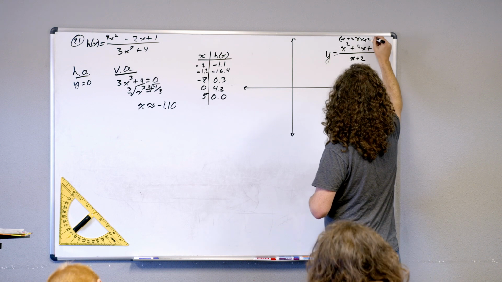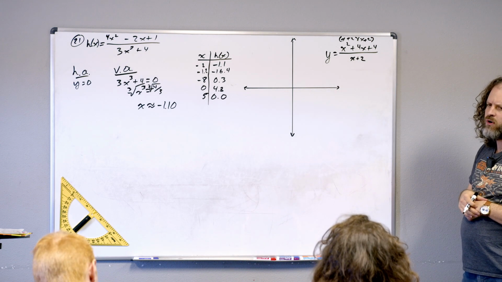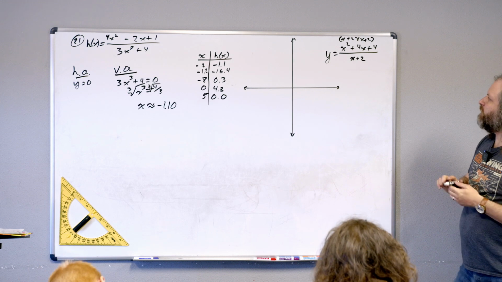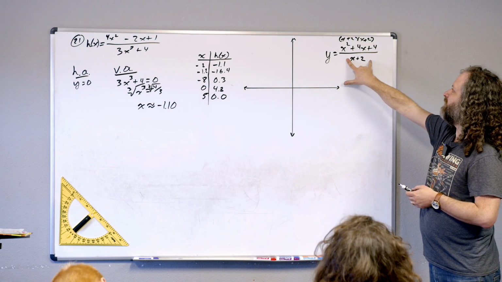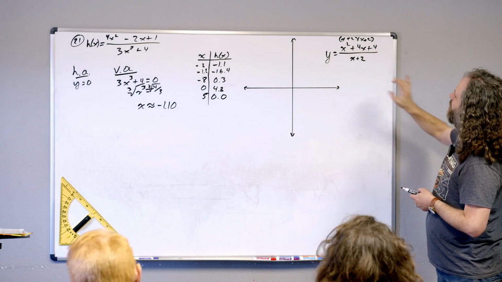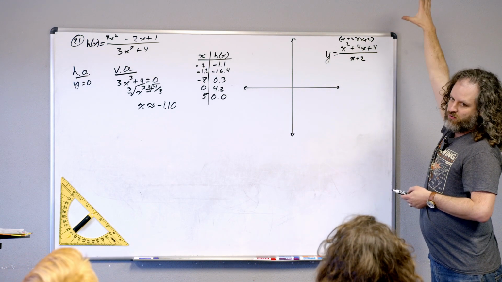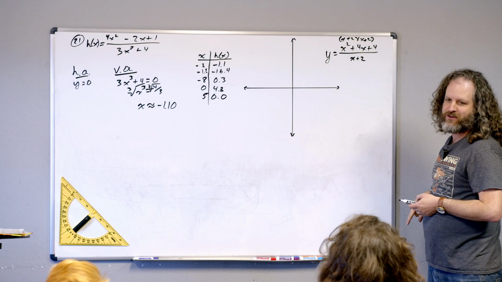When your zeros end up being a plus and minus of a number, is one of them going to be a hole? No. If they have a common factor, like this does, common between the top and the bottom, it's going to have a hole where that common factor is.